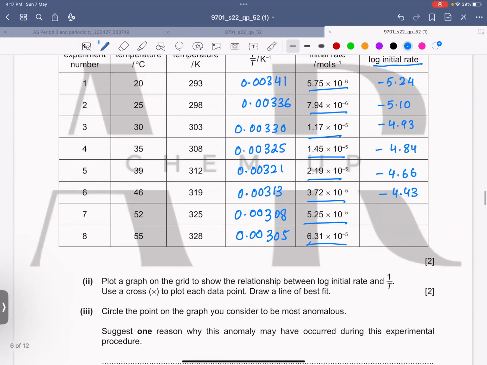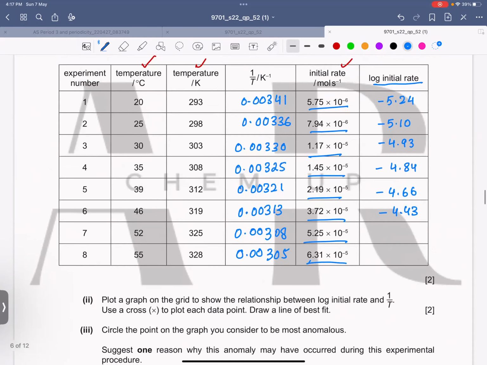Negative 4.28. Okay. Negative 4.20. Okay. Thank you, Hamna.